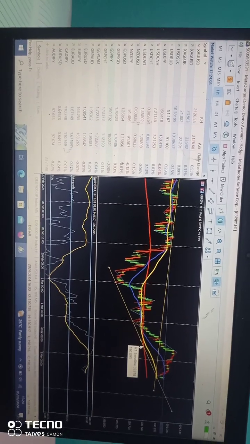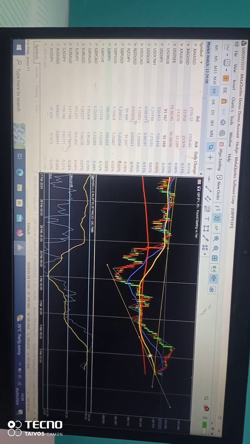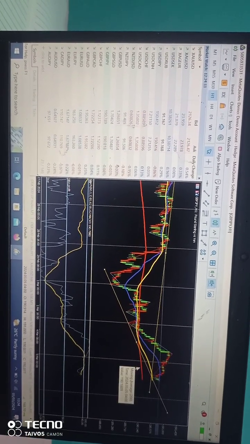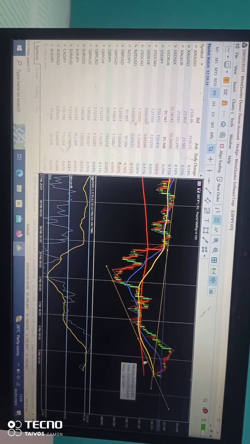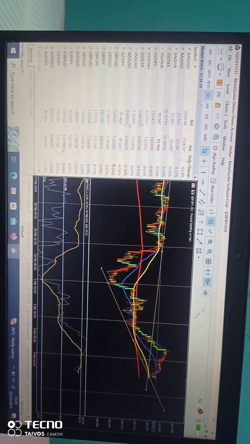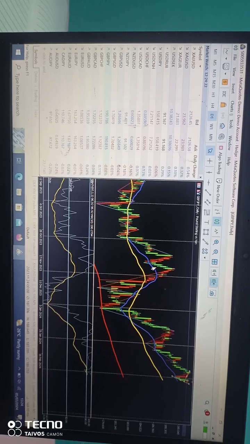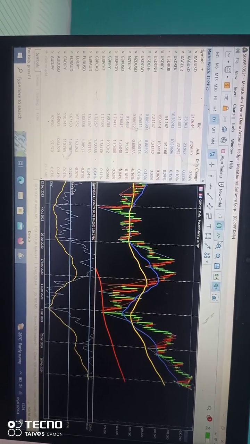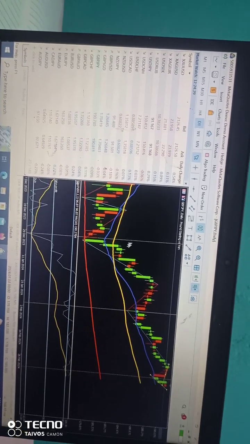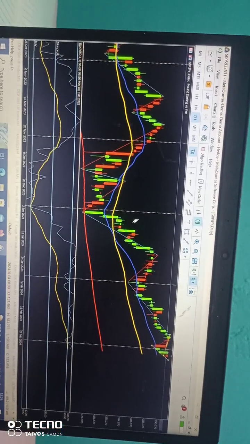So the market has to react on the support of 20, the support of 50, and the support of 100. I mean 200. So now, the first thing that we need to know is what is the direction of the market? You see, in the long term, so that you can know what you are searching for.